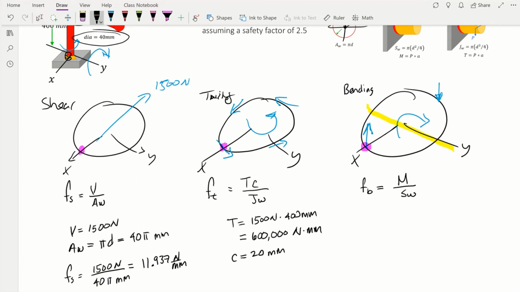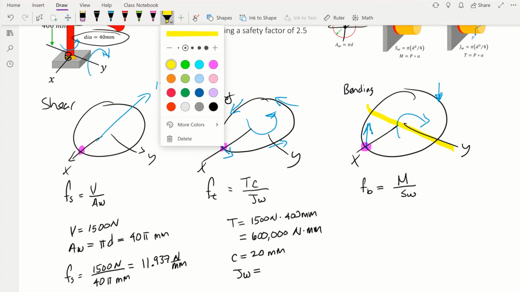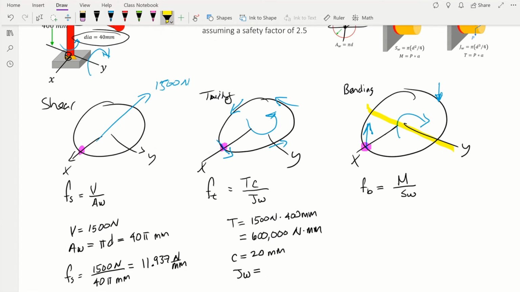Next quantity is JW. And we can barely see the formula over here. Let me show you right there. Right here. And the formula is pi times d cubed by 4.